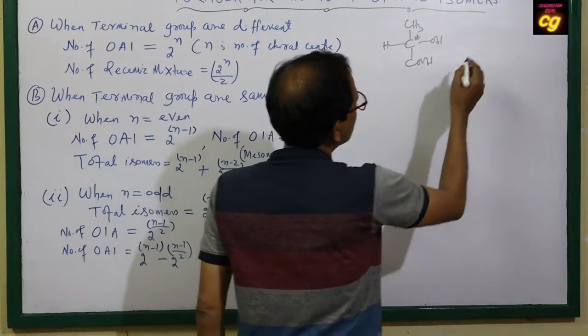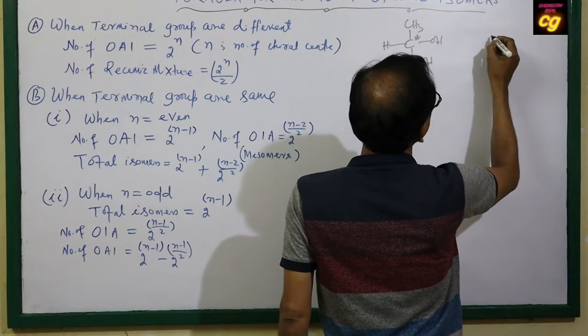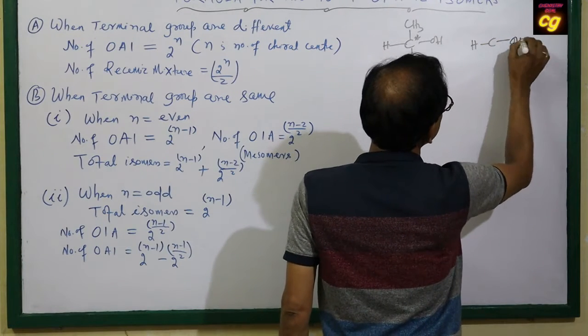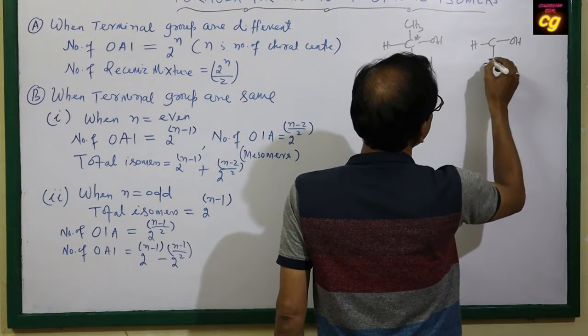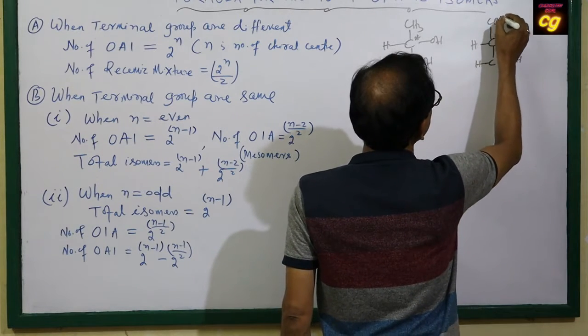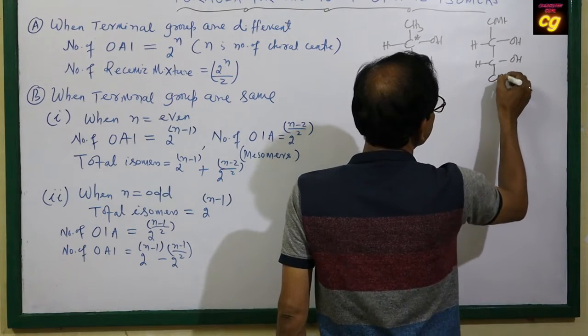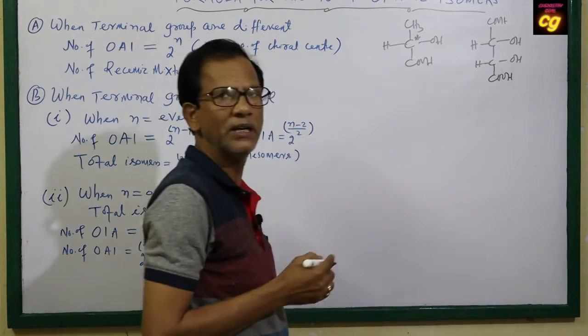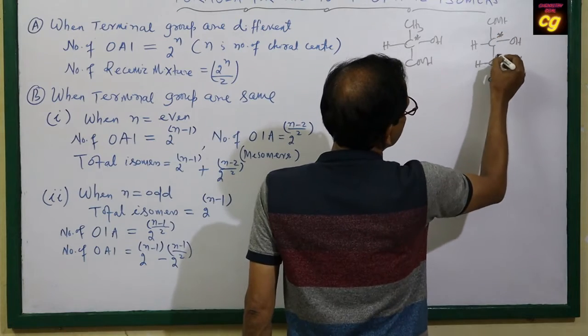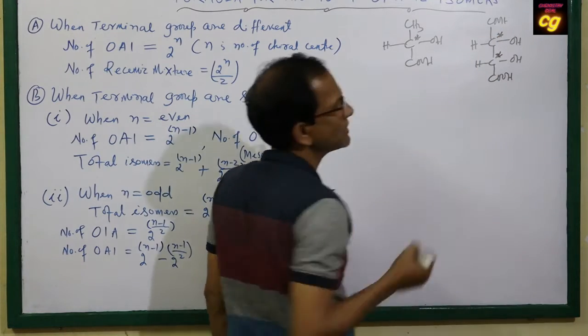If I write another example for this one, HOH here, this is your COOH, this is your COOH. You see, in this case, this is one example of a chiral center, and this is also one example of chiral centers.